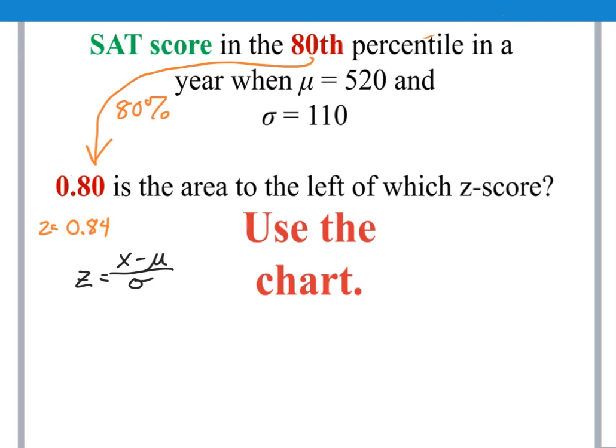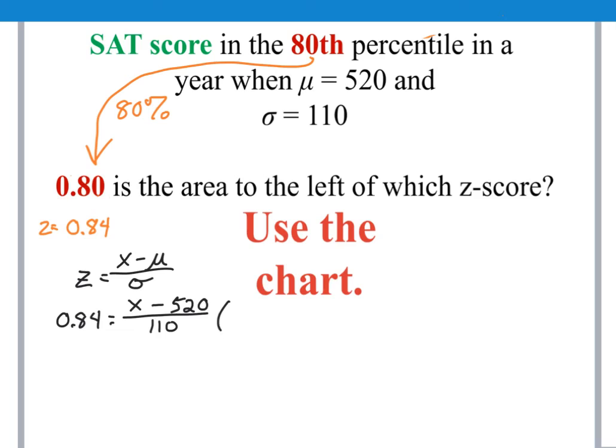In this case, we have the z-score. It's 0.84. And do we have the value of the SAT score that gives us that z-score? No, that's what we're looking for. But we do have the mean. It's written in the original problem as 520, and we have a standard deviation of 110.